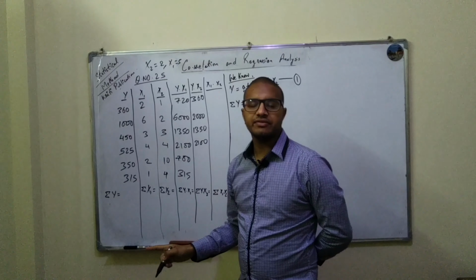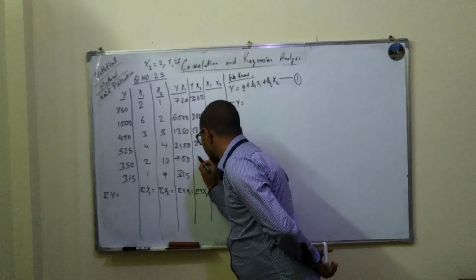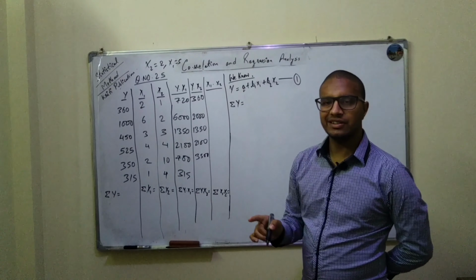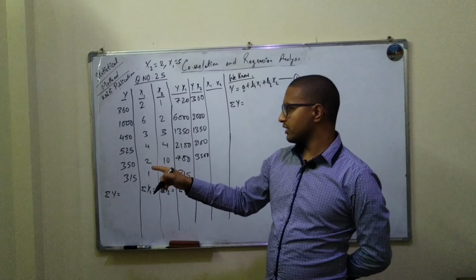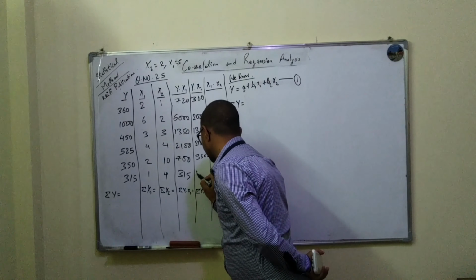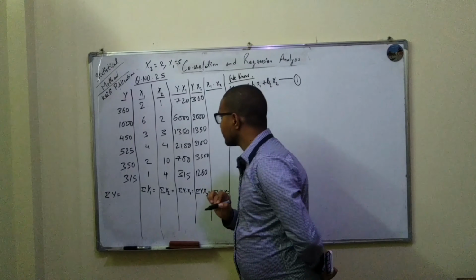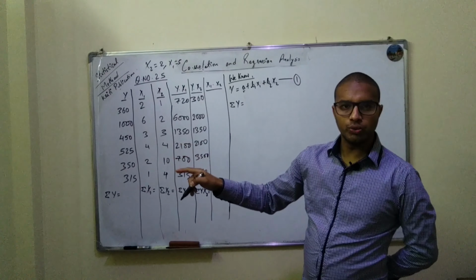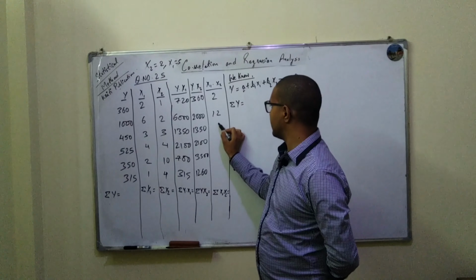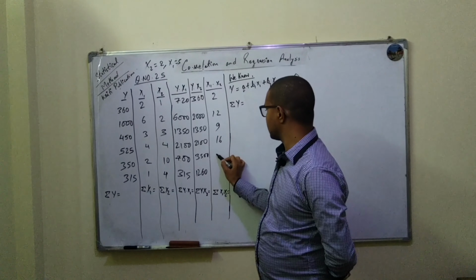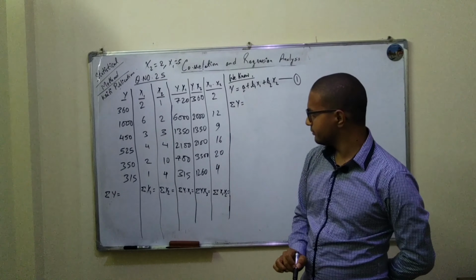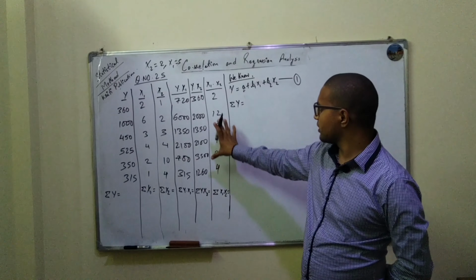And then 350 into 10 would be 3500. And then 315 into 4 would be 1260. And then x1 dot x2 would be 2 into 1, 2, then 12, 9, 16, 24, right? This is how much we get.